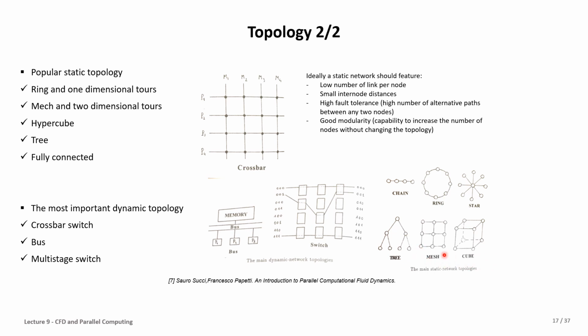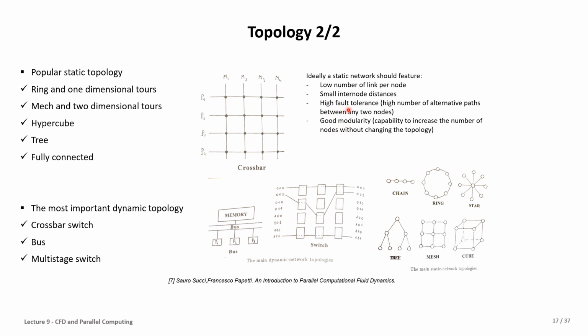Based on this point, a low number of links is the benefit. Second, a small internode distance, which means that going from one node to another, there should be a small number of nodes between them.